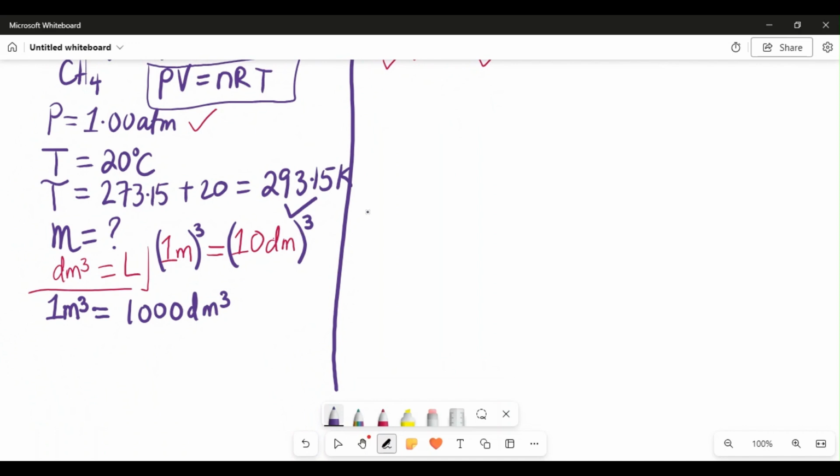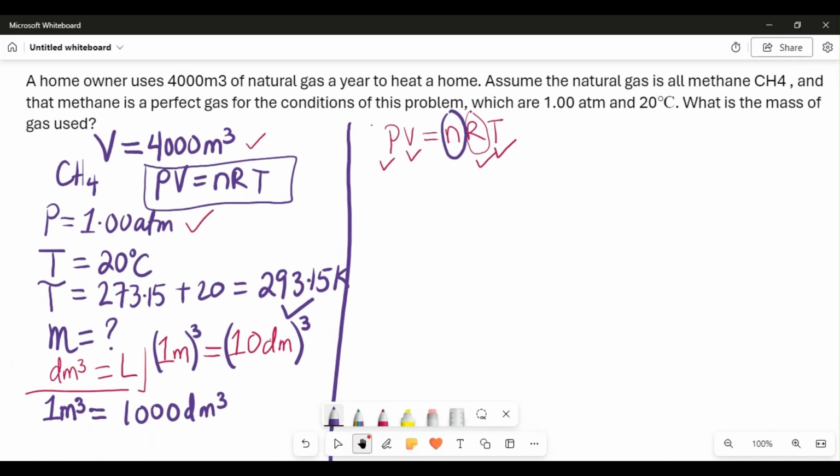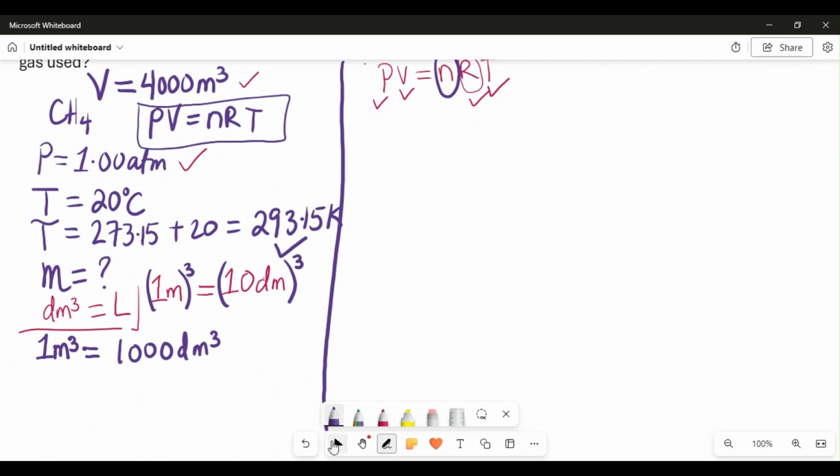Now we have 4,000 meter cubed, and we're supposed to convert it to decimeter cubed.